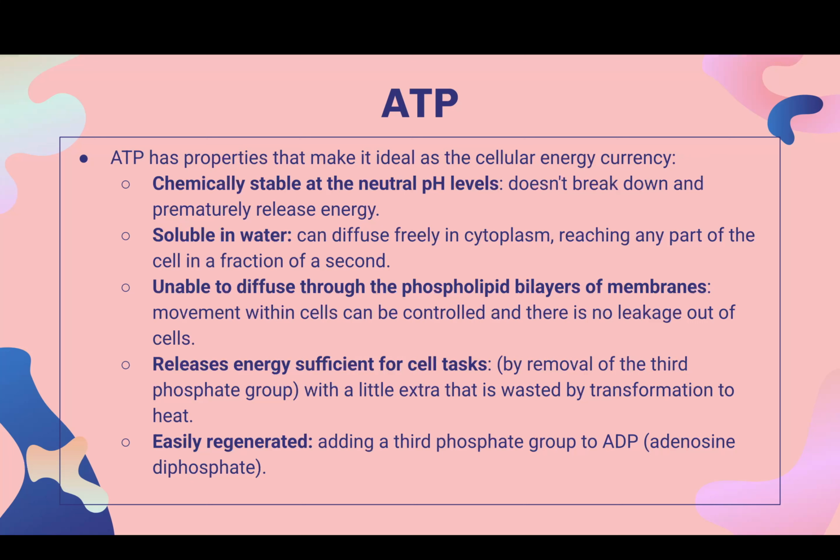And there are some properties that make it ideal to be that energy supply. So firstly, it's chemically stable at the general cellular cytoplasm pH levels, which means that it won't break down and prematurely release energy and only releases it when necessary.